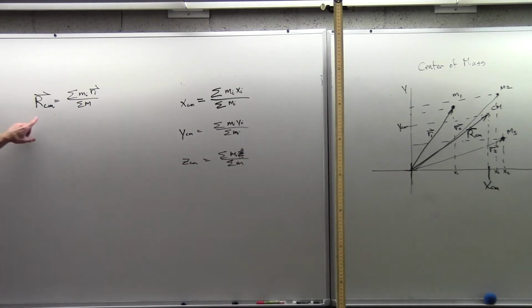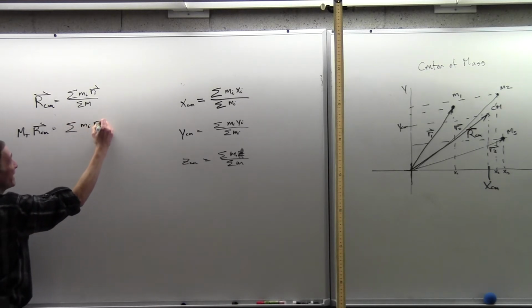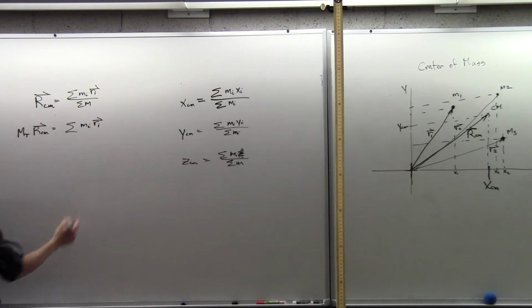Okay, now this is just the total mass of the system. We can write this, let me just bring this over here, as M total of the system times the R center of mass is equal to the sum of all the individual pieces. You might say, well, why do we care about this? What's the point?